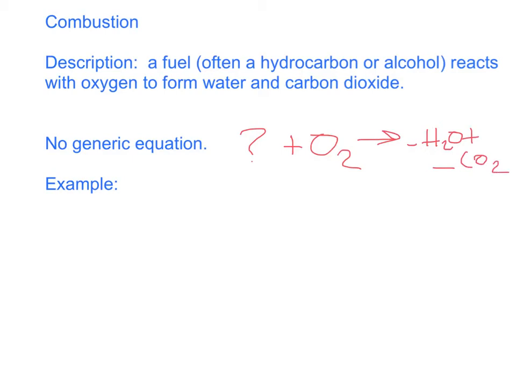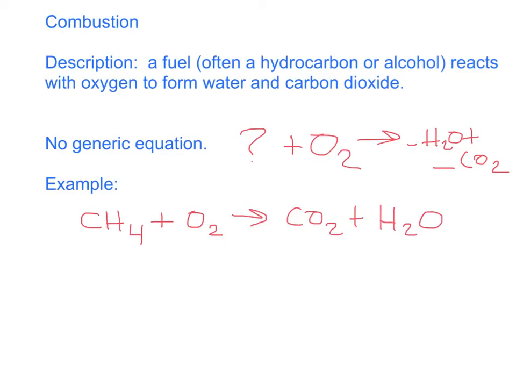Balancing them is sometimes tricky, especially with the bigger hydrocarbons. So let's take an easy example. Let's take methane, CH4, plus O2. And of course, this is going to yield CO2 plus H2O. So we need a little balancing here.